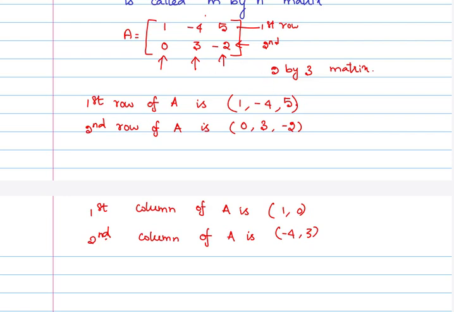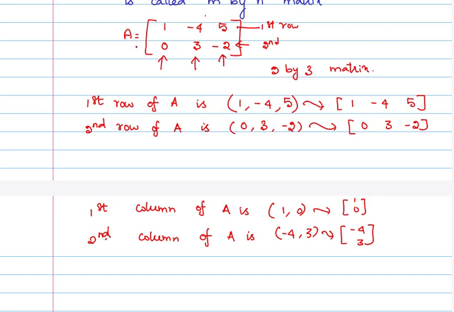You can write the rows in row form: 1, -4, 5 and 0, 3, -2, and similarly the columns as 1, 0 and -4, 3. This is an example of a 2 by 3 matrix.